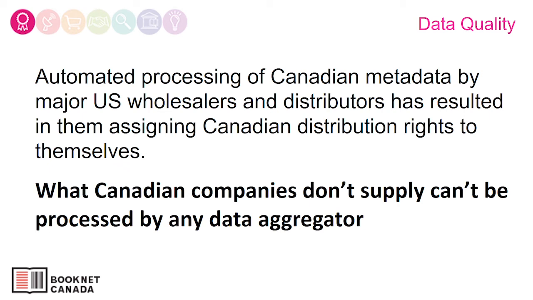What should be US-only data comes back to us or to the supply chain as part of US-Canadian feeds. That's different from saying anyone is actively selling it, but may well lead to bookstores ordering from those US sources. What Canadian companies don't supply can't be processed by any data aggregator.